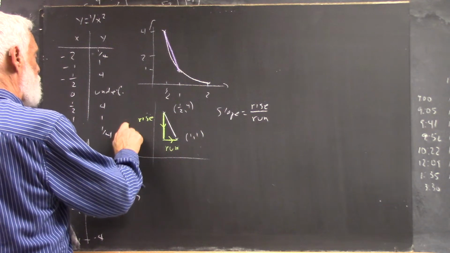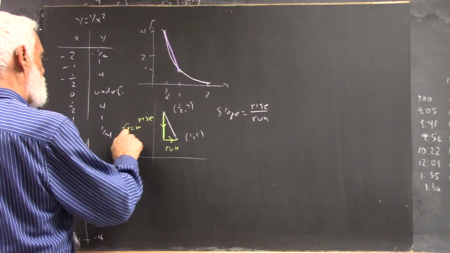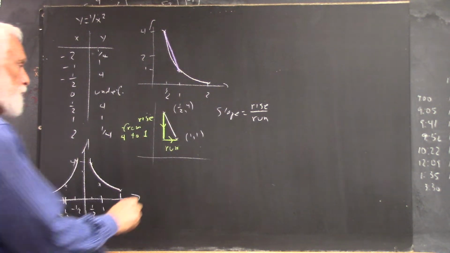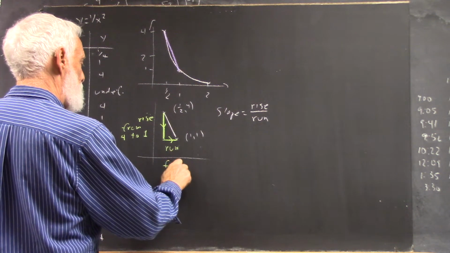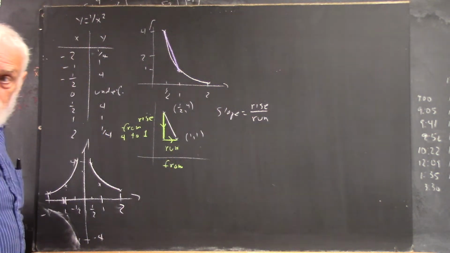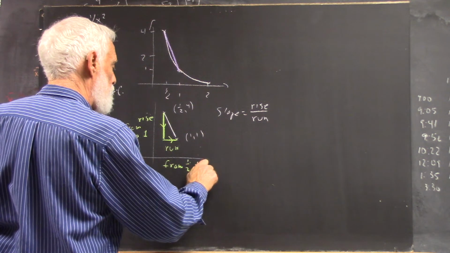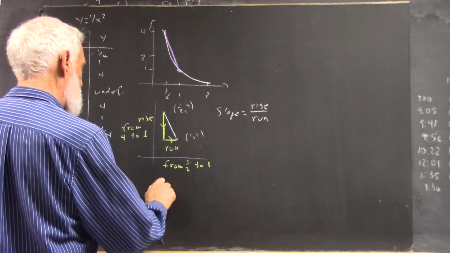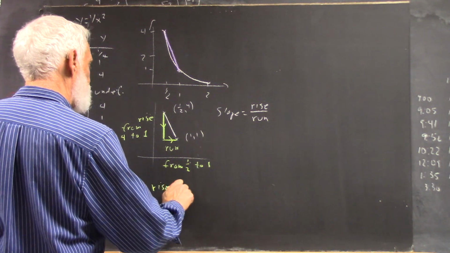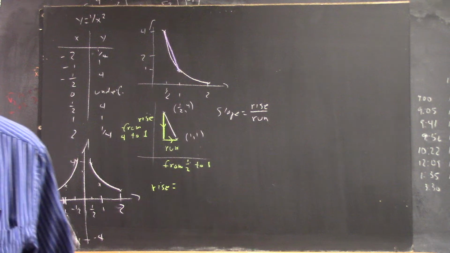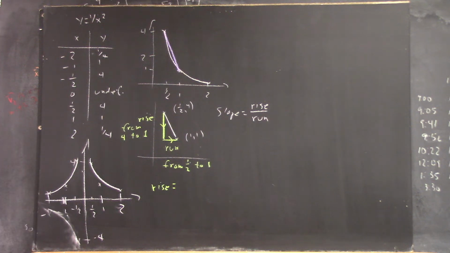So the rise is from 4 to 1, and the run is from what? From 1/2 to 1. So the rise equals, okay, if we go from 4 to 1, what's the change in our quantity? 3.